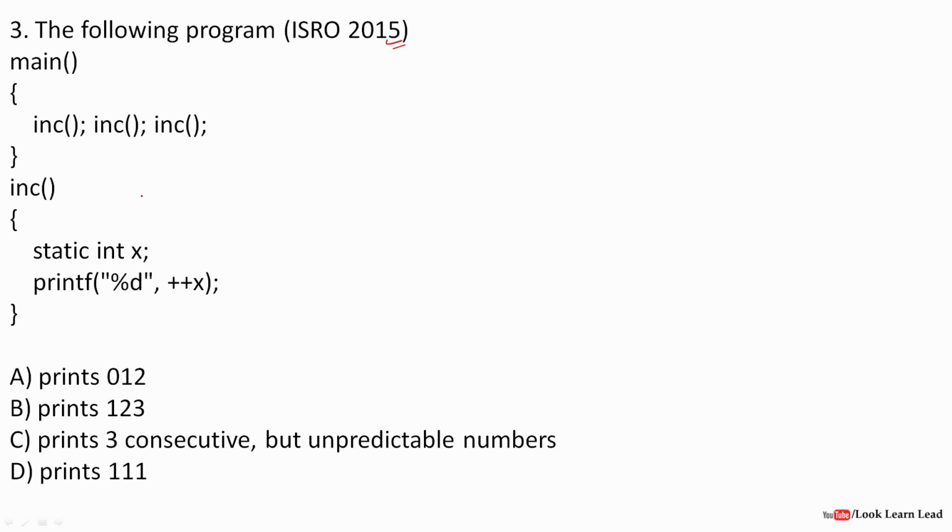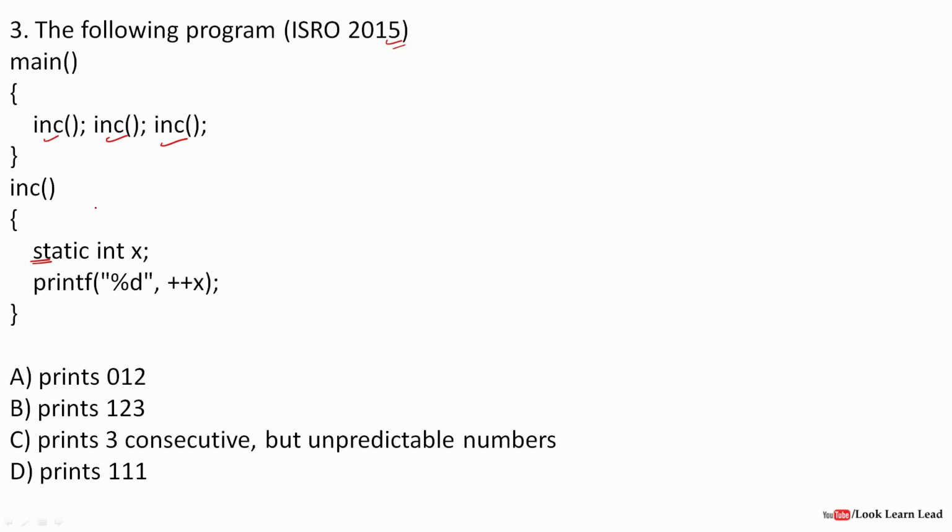Here we have a main method. In this we are calling the increment function 3 times. We have a static integer x, and we are printing the value of x plus x in the increment function.